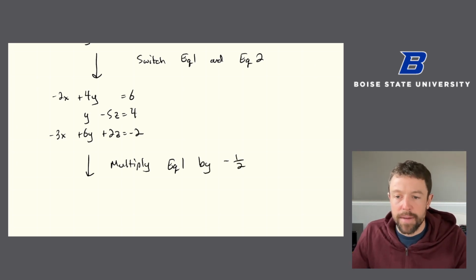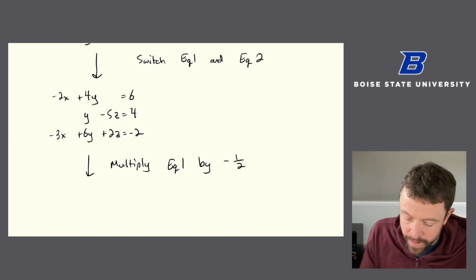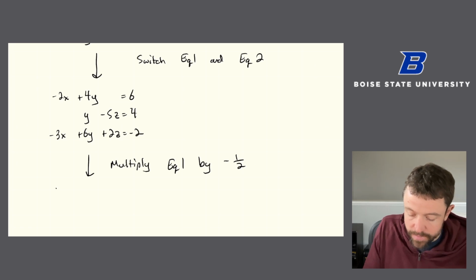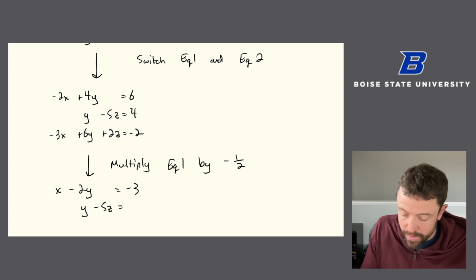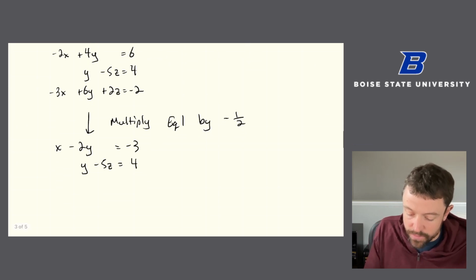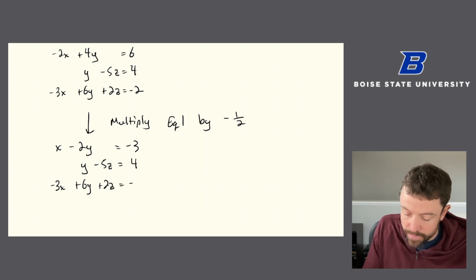That'll get rid of that minus 2 and all the other 2's. And so this will only change equation 1. So this will turn into x minus 2y equals -3. And I still have y minus 5z equals 4, and minus 3x plus 6y plus 2z equals -2.